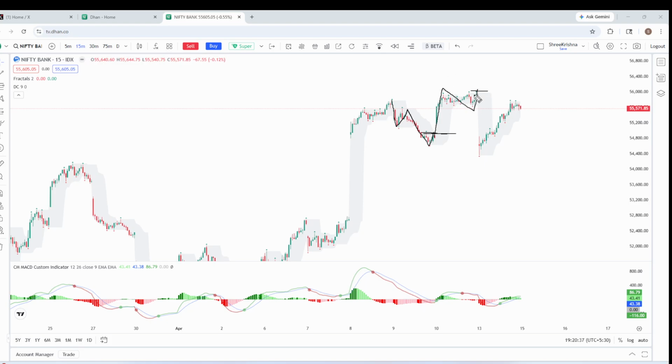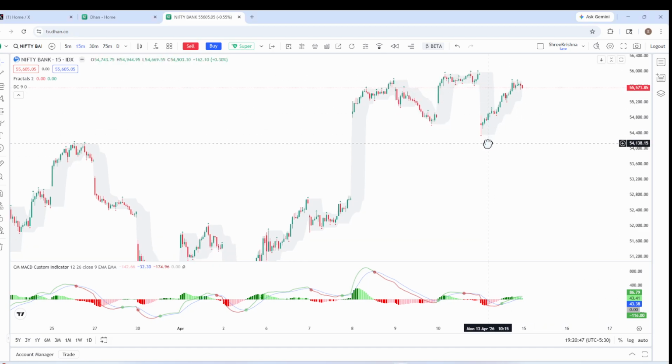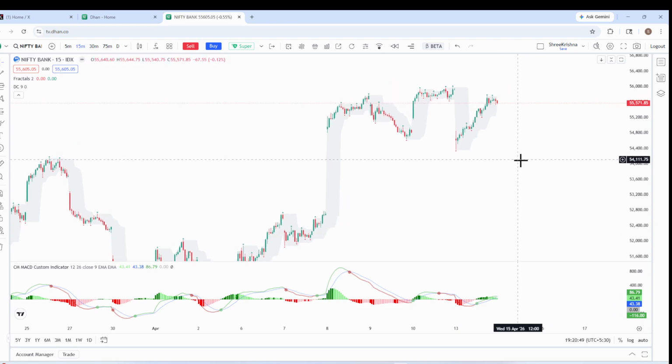So this basically exhibits that this pattern is completed with making one more small high relatively and ended the pattern. Now what we are saying is, market always behaves in this way.